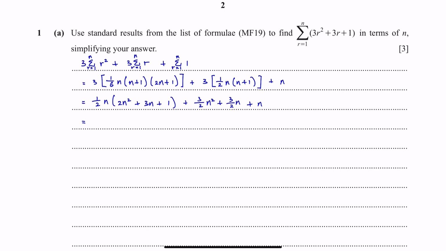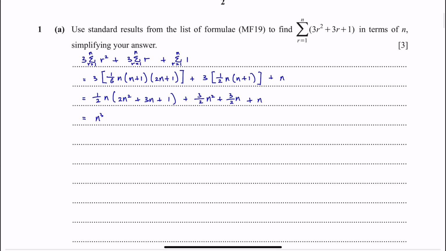So this will be n cubed plus 3 over 2n squared plus 1 over 2n plus 3 over 2n squared plus 5 over 2n. And the final answer will be n cubed plus 3n squared plus 3n.